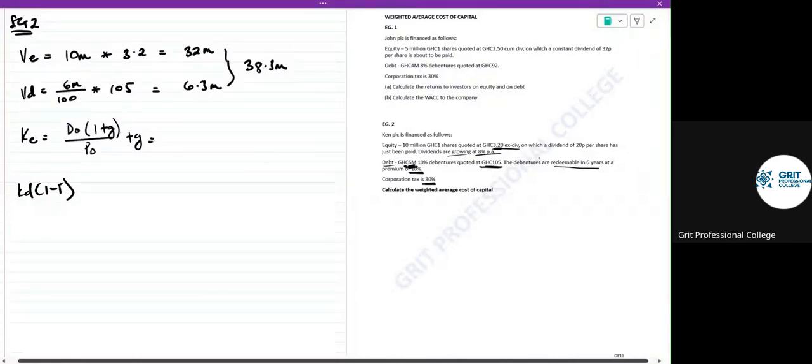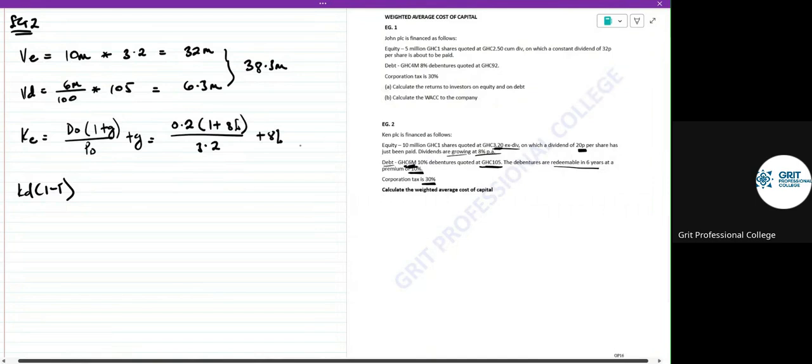So the D naught is our current dividend per share, which is 20 pesos. We want it in CB terms, so we divide by 100, and that'll give us 0.2, right? Into bracket 1 plus the growth rate in the dividend, which we are told is 8% per annum, all over the current share price, which is 3.2, plus the growth rate of 8%.